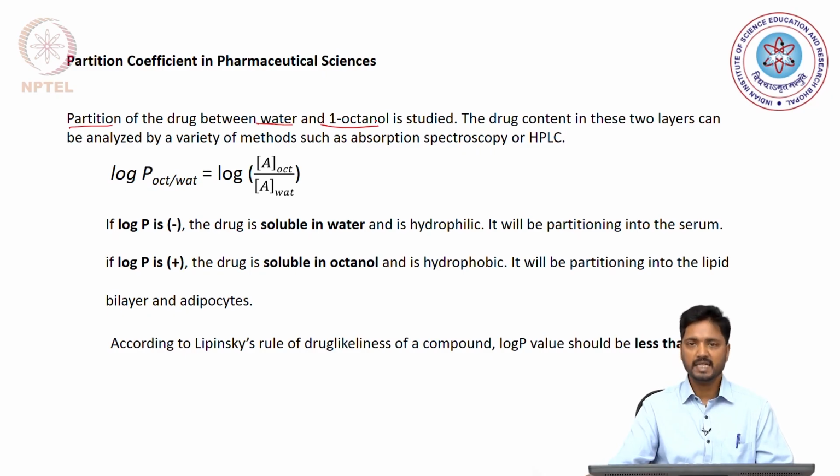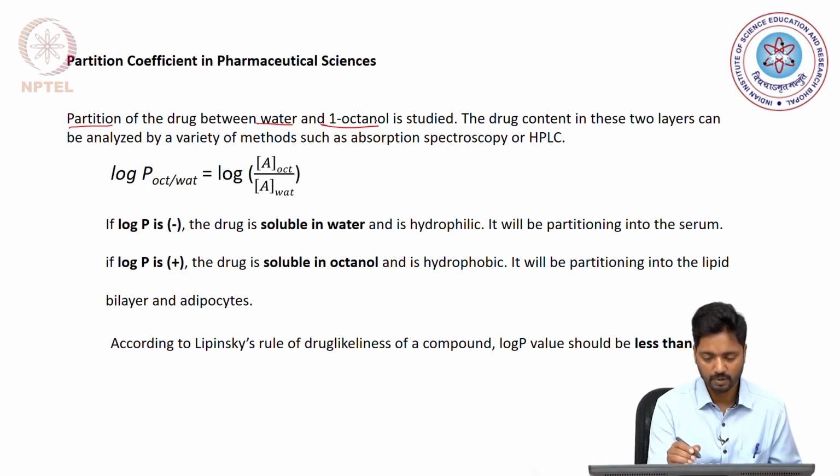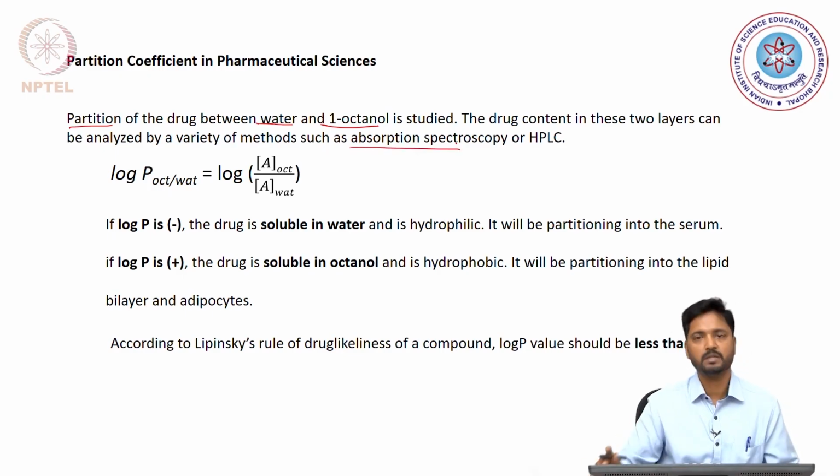Now, the drug content in these two layers after the solvent-solvent extraction can be analyzed by a wide variety of analytical techniques. The most common that are employed are absorption spectroscopy.